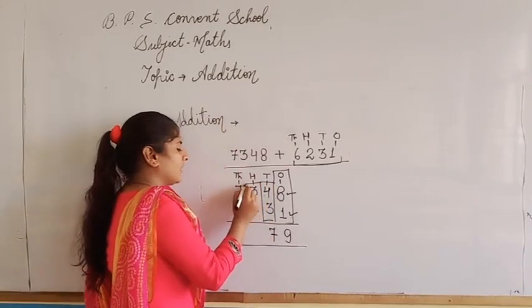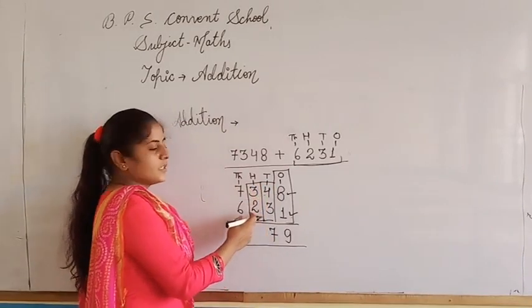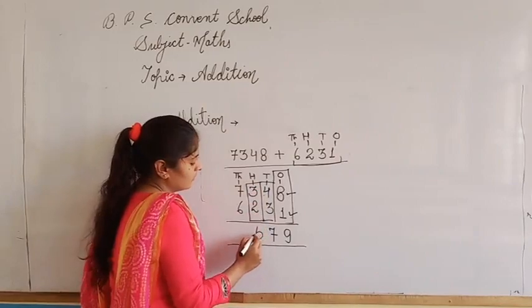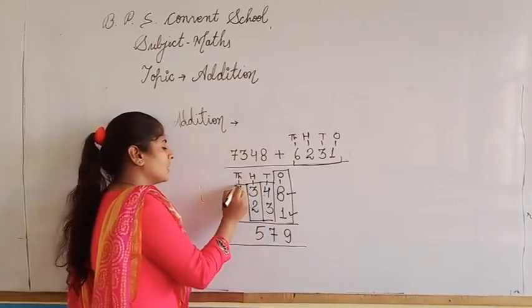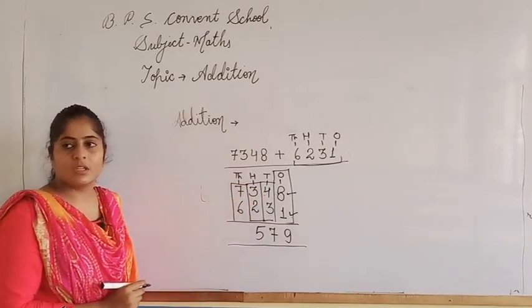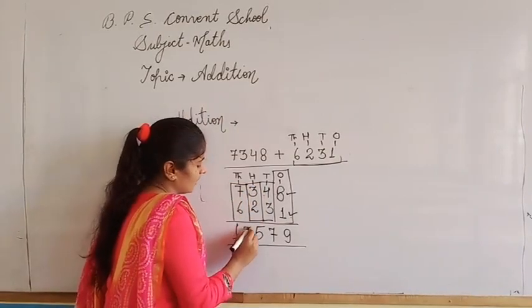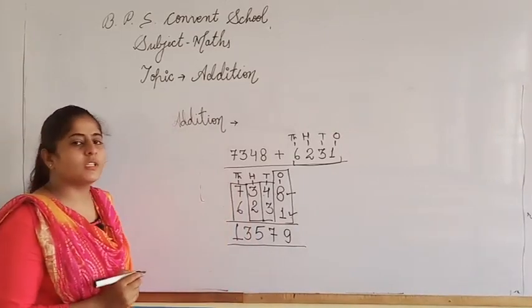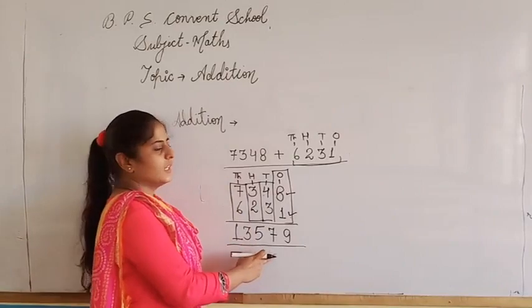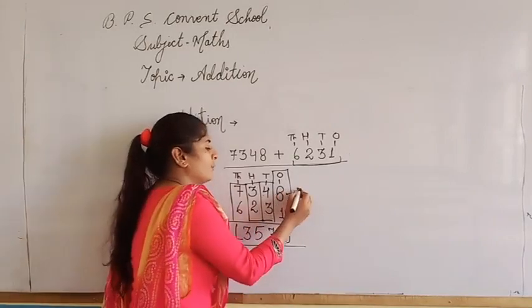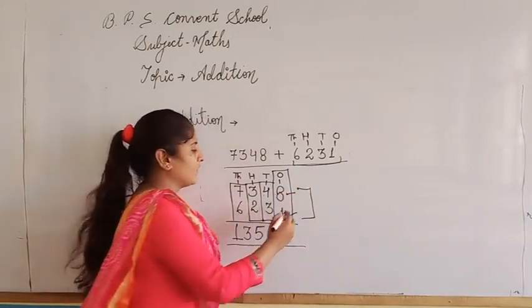Then hundreds column, 3 plus 2, 5. Next, thousands column, 7 plus 6, 13. The addition of these two numbers is 13,579.